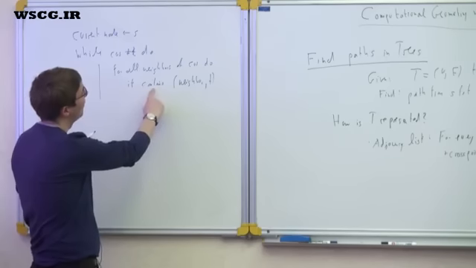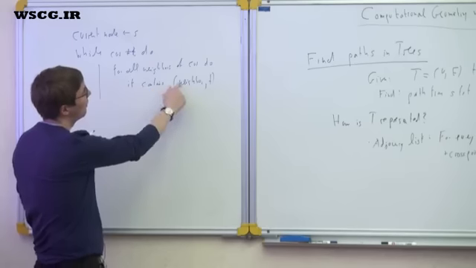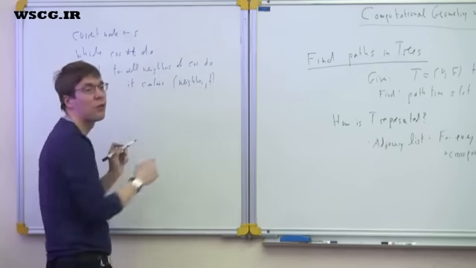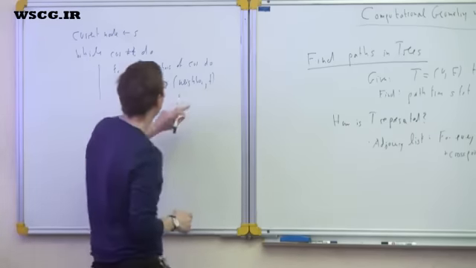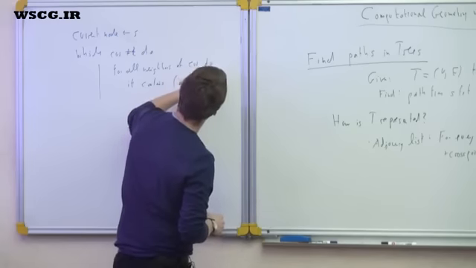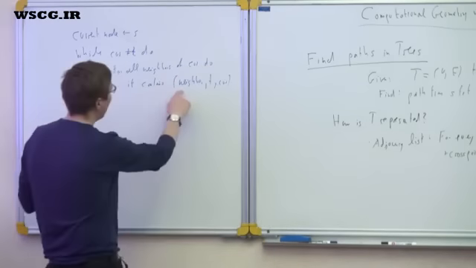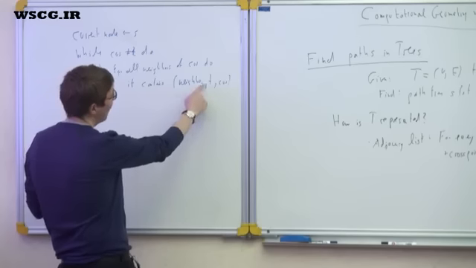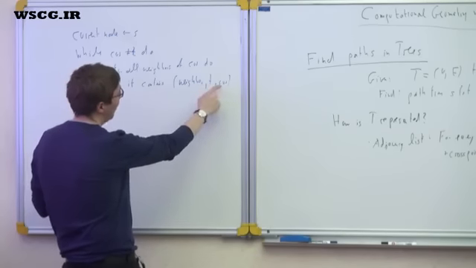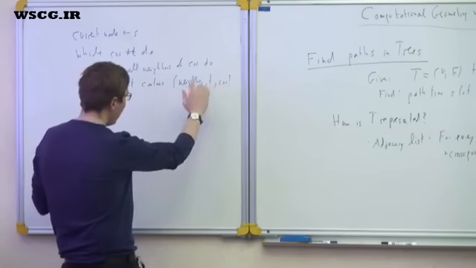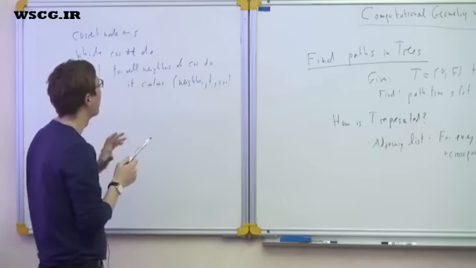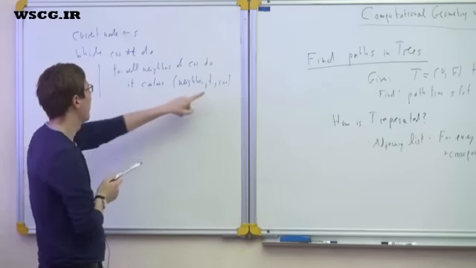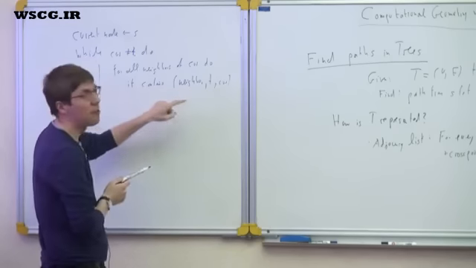This subroutine is supposed to check whether the subtree rooted at this neighbor contains the node T. I also need to give it cur, so I know what the root is. So if the subtree rooted at the neighbor contains T, then I return true, otherwise I return false.